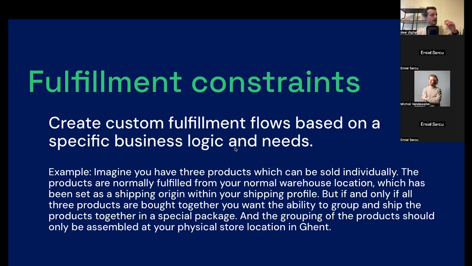You have a store, you have a 3PL, but specifically when people order 3 of a certain kind of product together, and they, for example, enable gift wrapping, then you could write a Shopify Function that says, okay, if they buy these 3 items and they want gift wrapping, we will route this order to the fulfillment center of the shop because people still need to do some manual work to be able to ship those items in the correct way. So this is a fulfillment constraint or a fulfillment change that you can do with Shopify Functions.